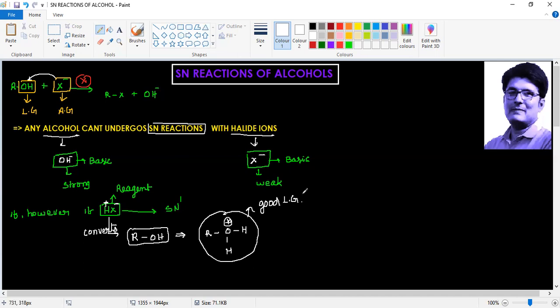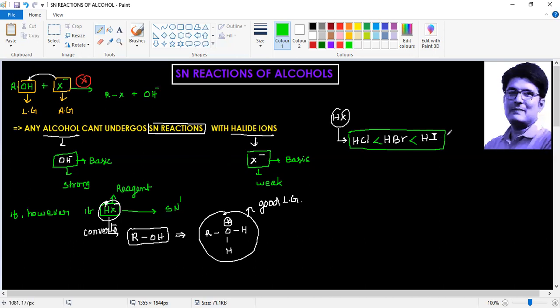So in this case, the reactivity of the hydrogen halides HCl, HBr, and hydrogen iodide gradually increases. Hydrogen iodide is the most reactive towards nucleophilic substitution reactions.